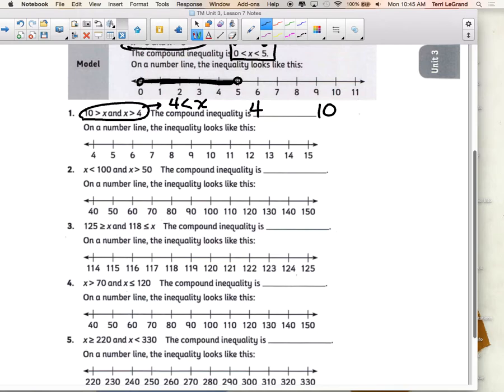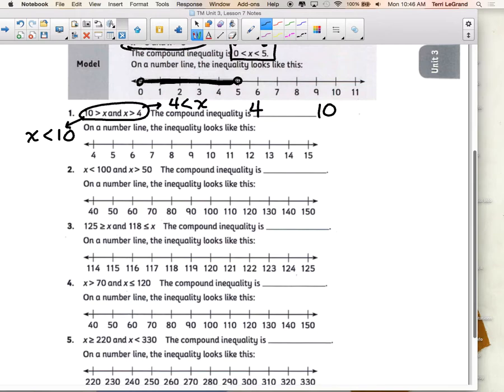The other one, we're going to rename it over here because we need the 10 to be on the right side like we have it over there. So we're going to have the X and the 10 trade places, and we're going to flip the sign over. So now, notice how it is written. X is less than 10. Now how could we write this with just one X involved in it?